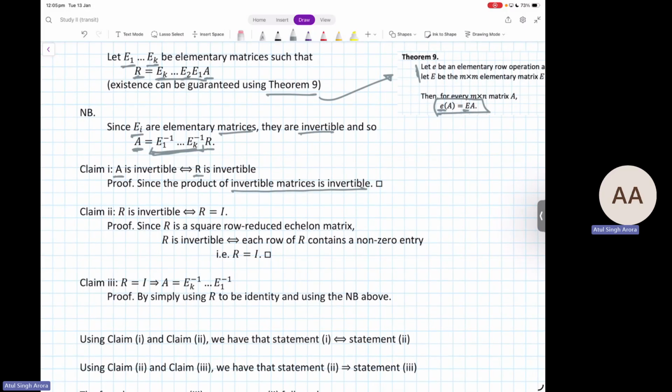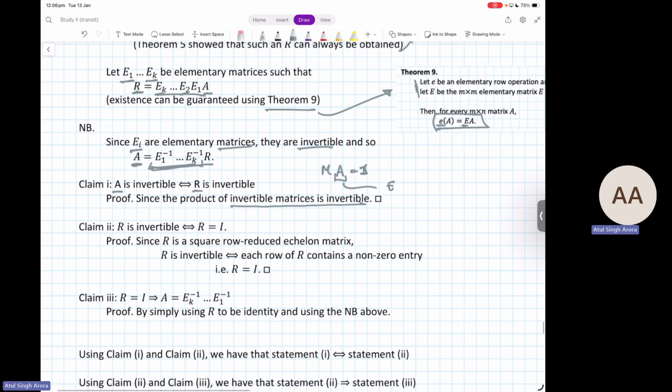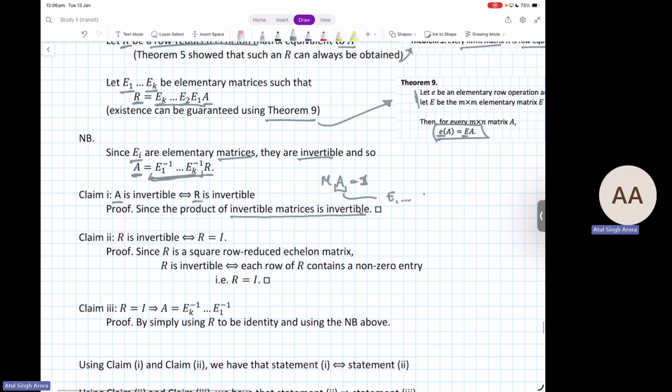For example, if A times M was the identity, then A can be substituted with some sequence of E's: E1 inverse all the way to Ek inverse times capital R. This multiplied by capital M is the identity.